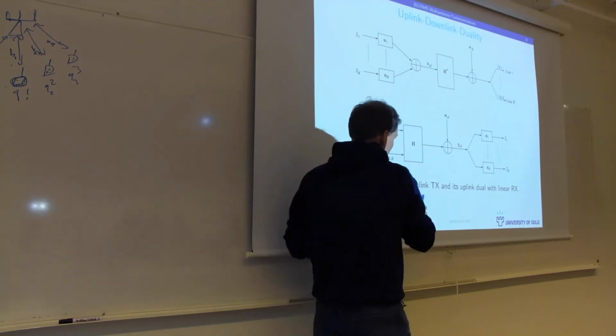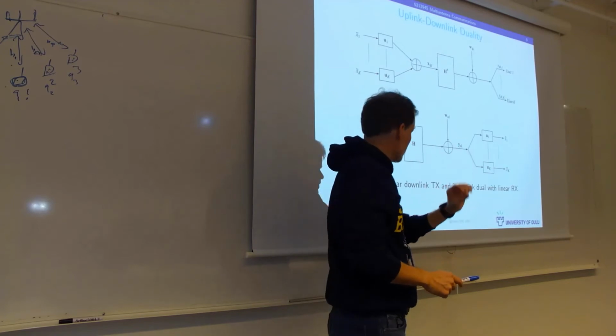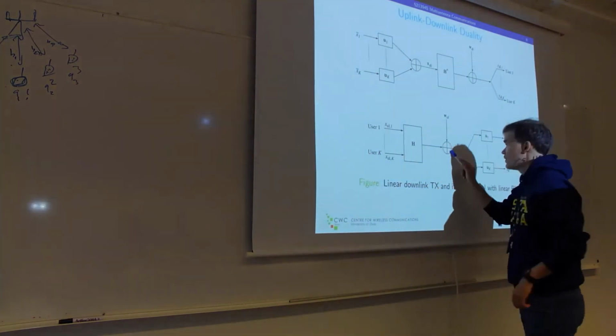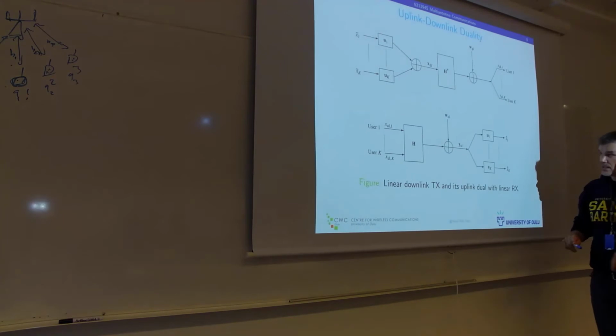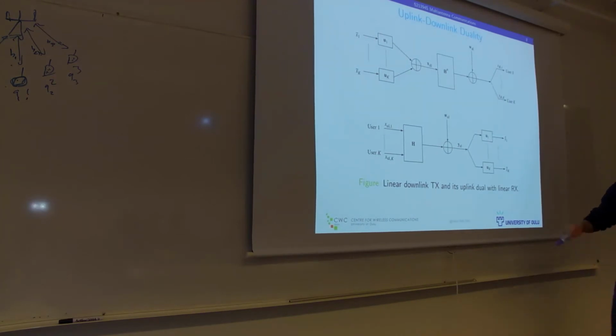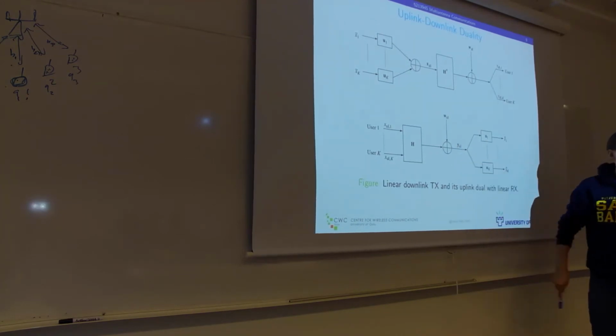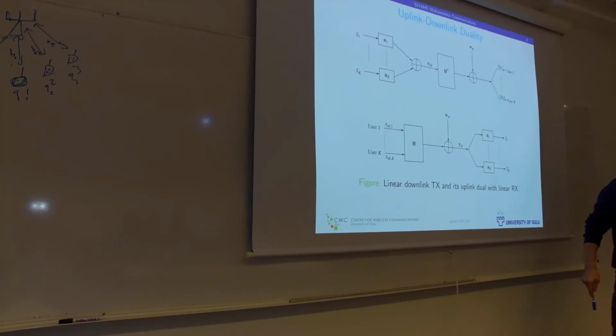Each signal propagates over the user-specific channel, and then we add noise at the base station antennas and get the received signal vector Y uplink.